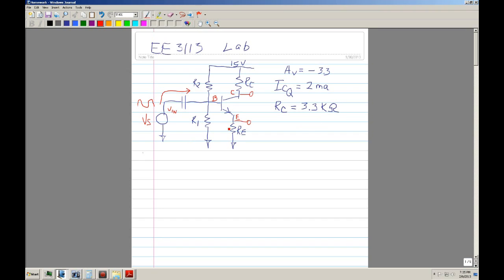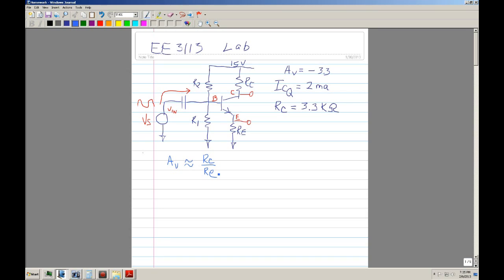Okay, the rule of thumb when you have a circuit like this is that AV, and I'm going to say it's an estimate, the gain is typically RC divided by RE.